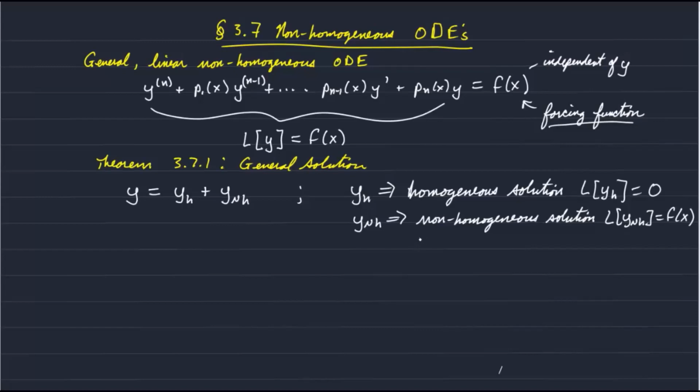And oftentimes, actually more typically, this is referred to as the particular solution. But you should note that this is not the same particular solution as you would get when you satisfy an initial condition or a boundary condition.